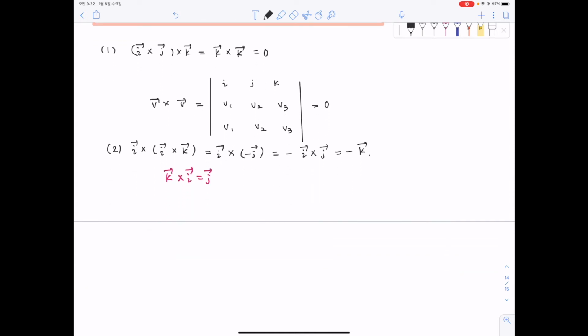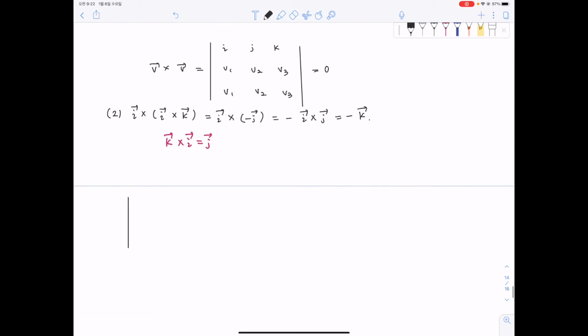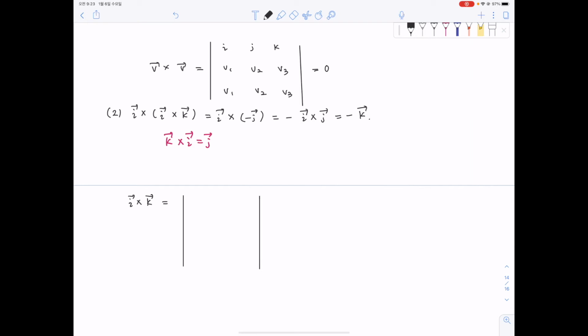Okay, if we want to check it, then you can see that here i is (1, 0, 0), sorry. We can first calculate this one by the definition using the determinant.